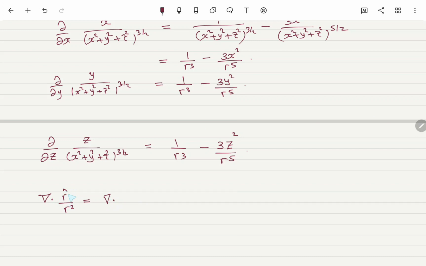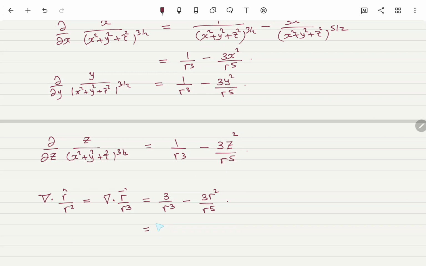Now instead of using r hat, we can use the vector divided by its magnitude, so it will be r over r cubed here, equal to 3 over r cubed minus 3r squared, because x squared plus y squared plus z squared is equal to r squared, over r to the power 5.